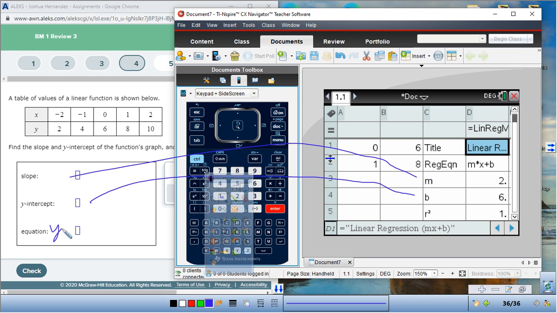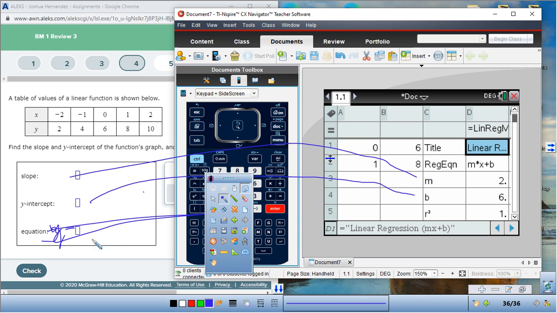Doesn't seem to be writing. Seems a little sluggish. Lagging a little bit. Y equals.